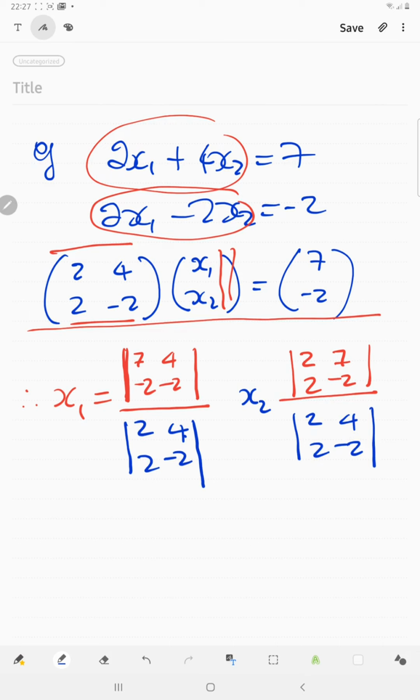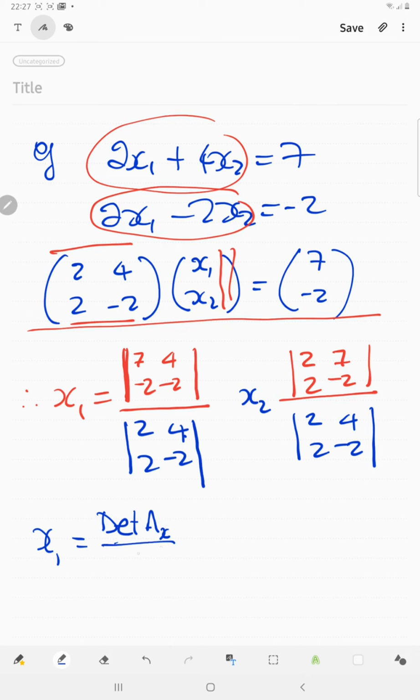So in short, x1 is equal to the determinant of A when x1 is controlled, I mean when the solution column is substituted like that.